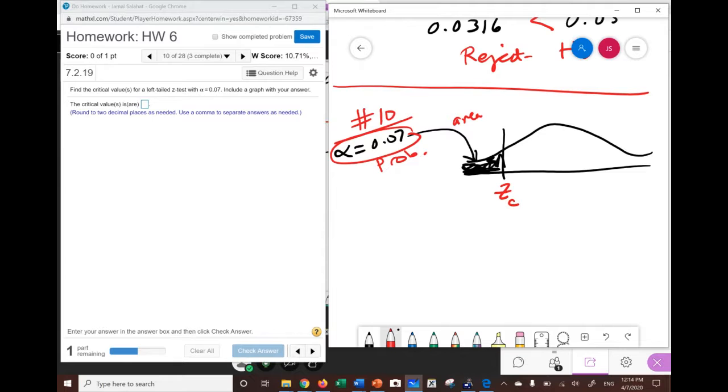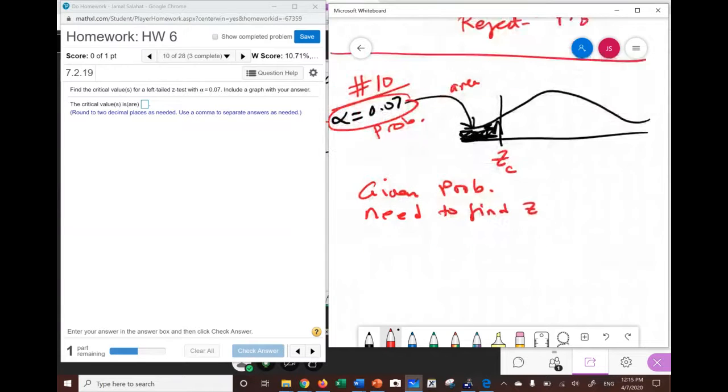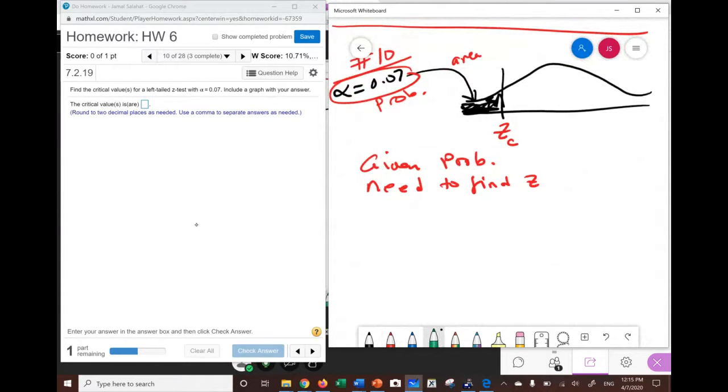Okay, so we need to find the critical value. Again, this problem takes a probability. I need to find Z. So the steps that we mention all the time are here: stat, calculators, normal.